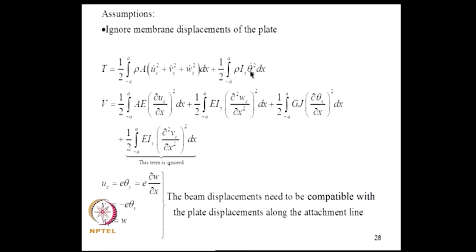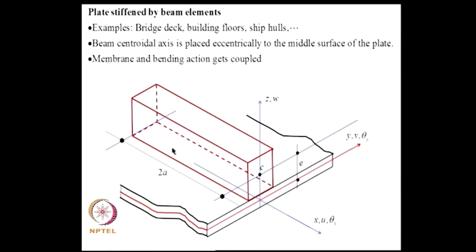The strain energy is due to axial deformation, bending, twisting, and bending about y. What we are going to do is ignore the bending contribution in this direction for the time being.